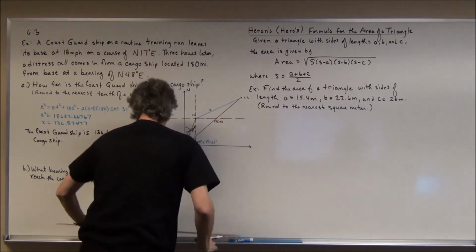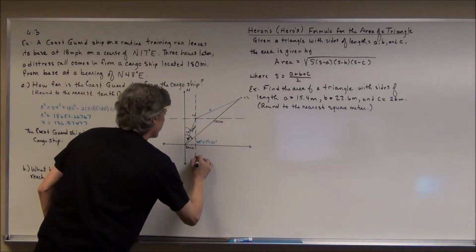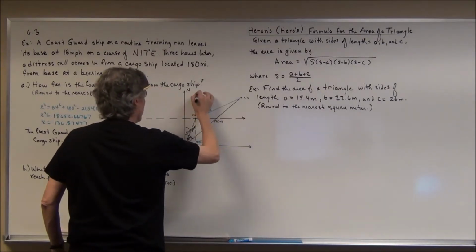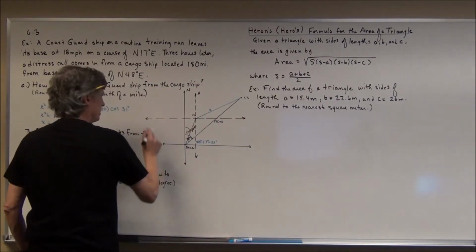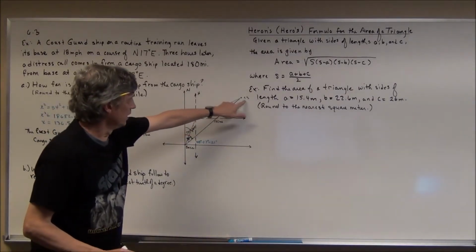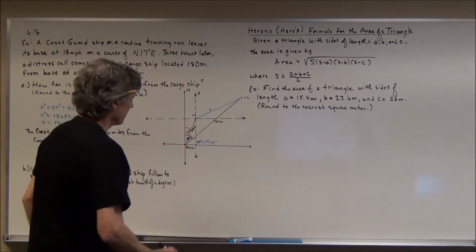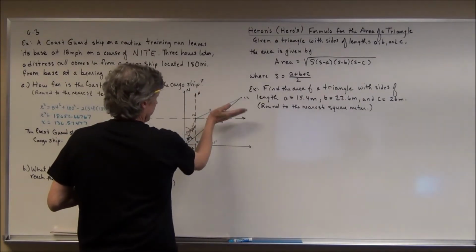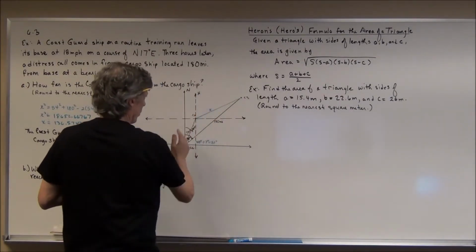Okay. So now I can use these to figure out my north, south, east, and west. So from here, to go to the cargo ship, I'm going a little bit east of due north.